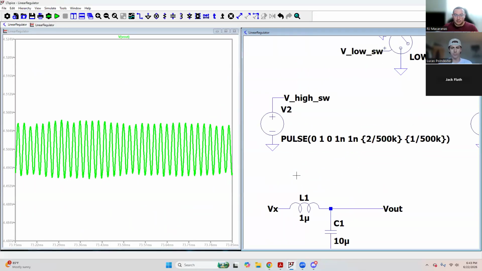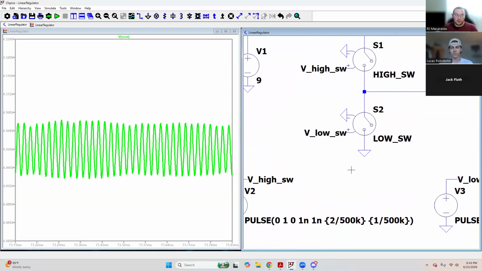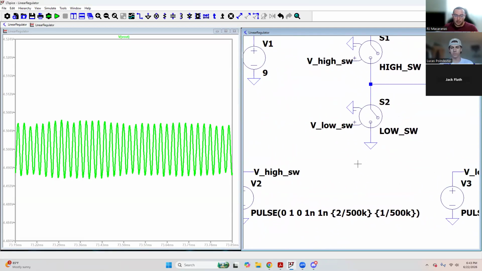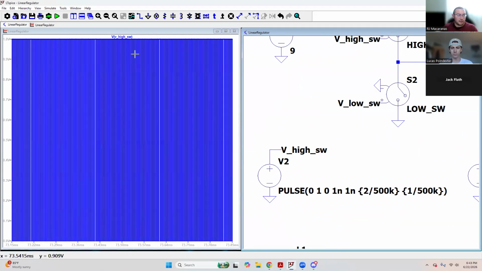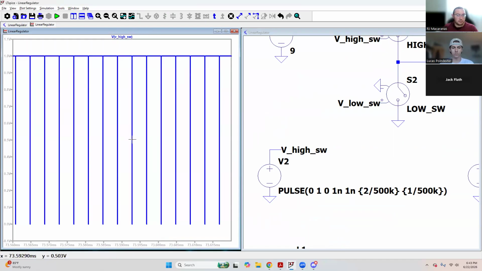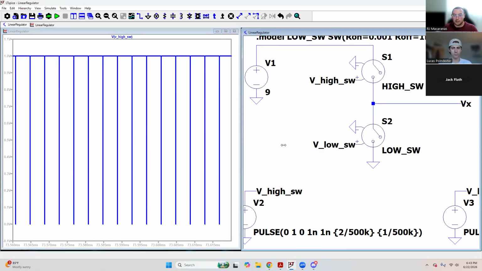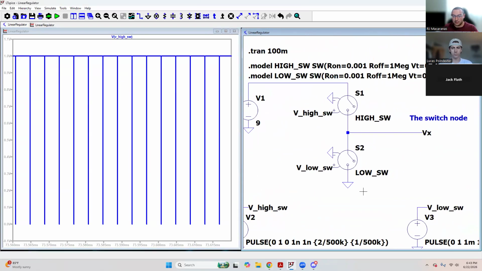So if I look at my LTspice model, and if I just look at one of these switch waveforms, hang on a second, I might have changed something here.